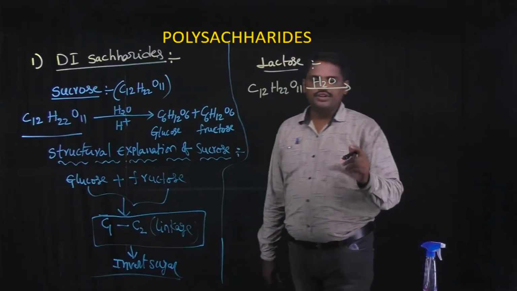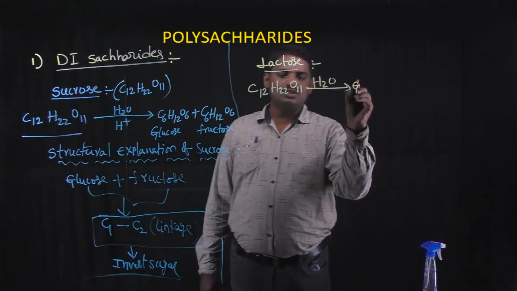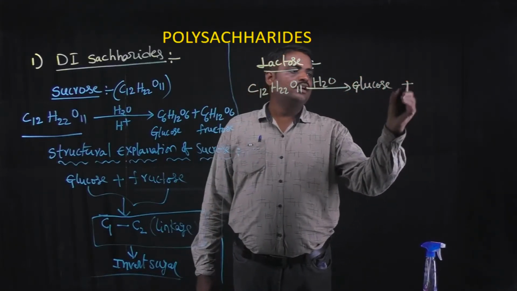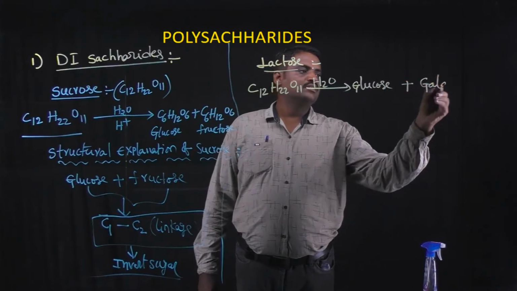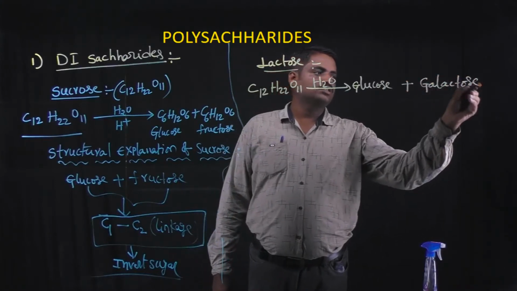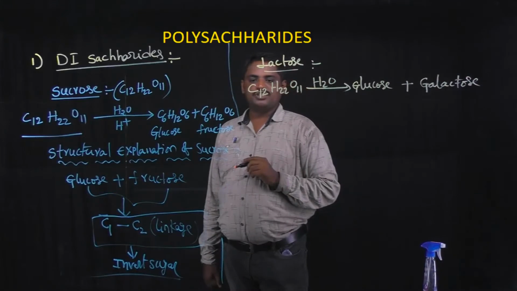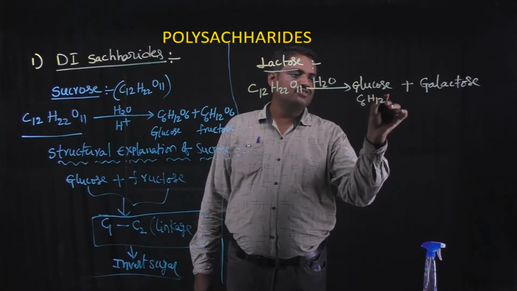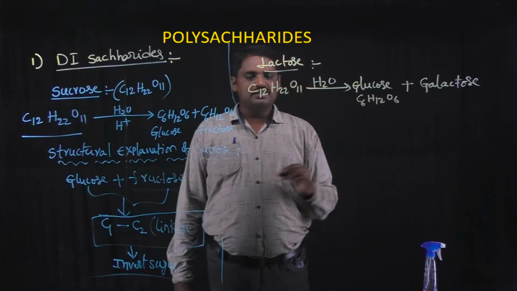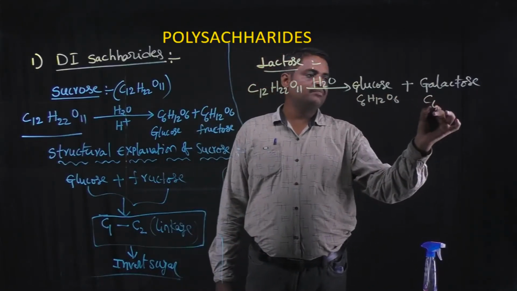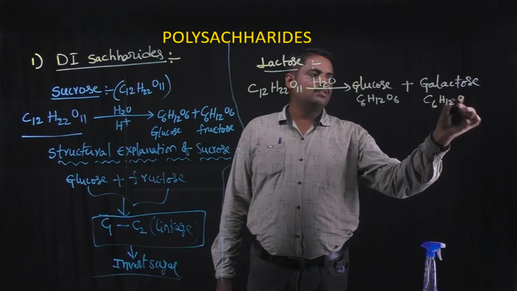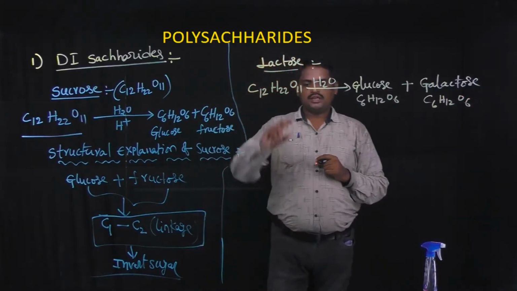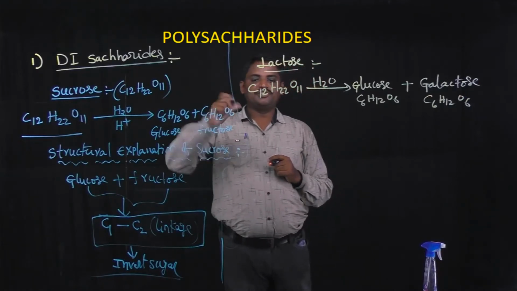One of the units is glucose, and another unit is galactose. The first unit is glucose, formula C6H12O6, and the second unit formula is the same, C6H12O6. Only the carbon configuration is different.